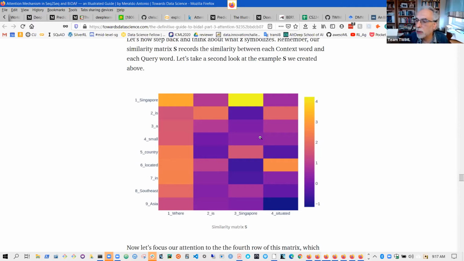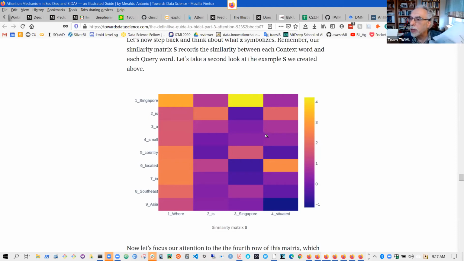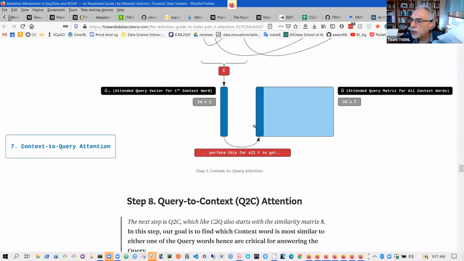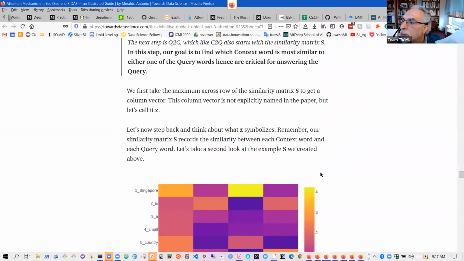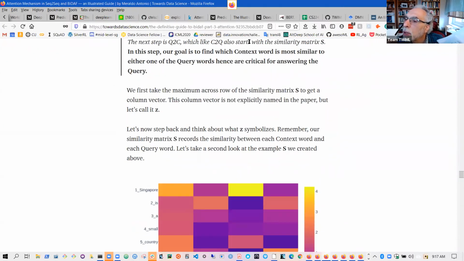Right, and so we just covered context to query, and that's what we ended up with this matrix here. And now the second part, the query to context. So he says it also starts with the similarity matrix. The goal is to find which context word is the most similar to either one of the query words. I'm not sure what.